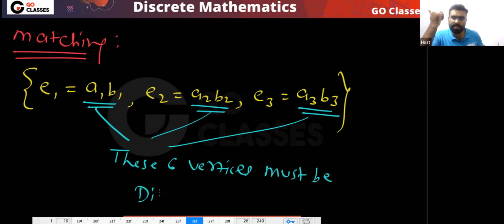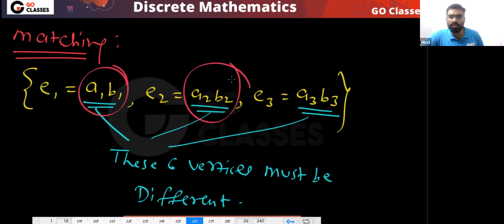Must be different, correct? Because it is a matching. Matching means edges are non-adjacent, which means there is no common endpoint. So all these six vertices must be different.